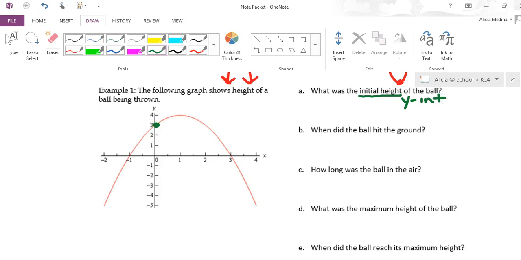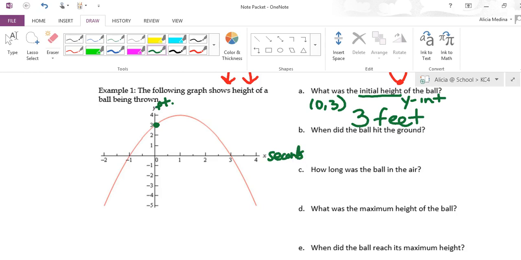So the initial height is at (0, 3), which means 3 feet. Let's assume that the y-axis is in feet and the x-axis is in seconds.